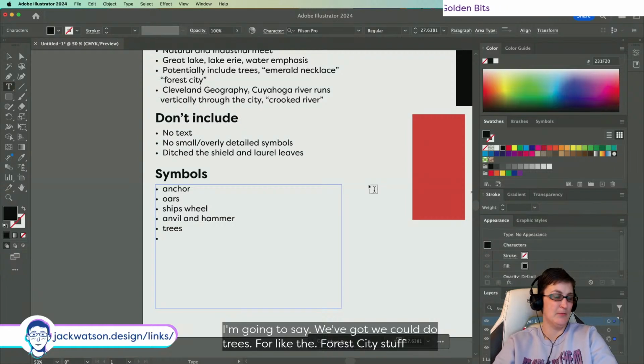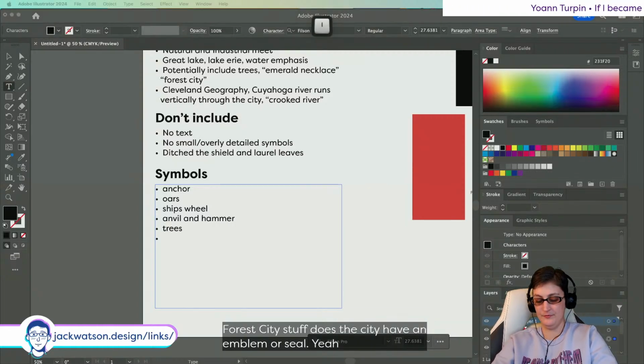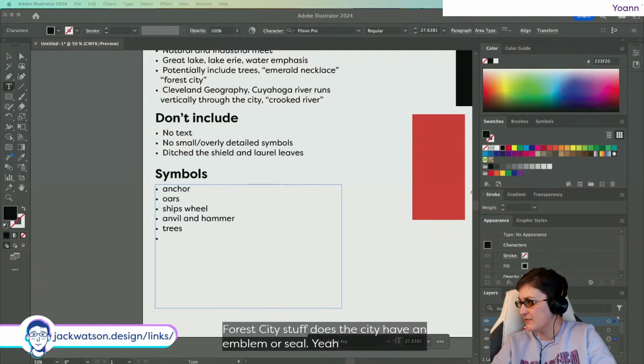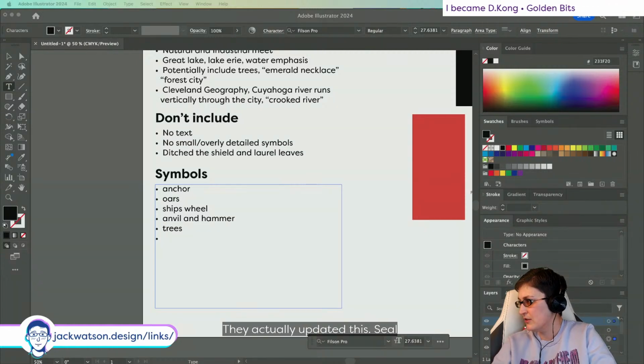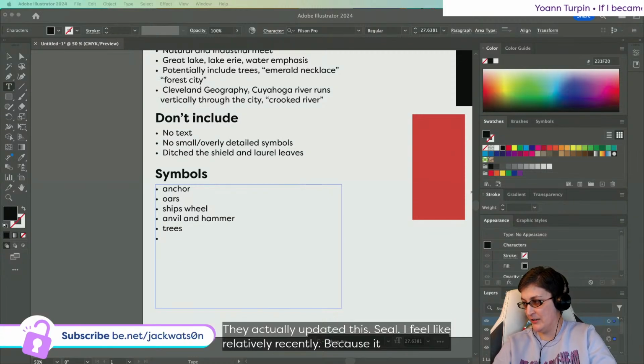Does the city have an emblem or seal? Yeah. They actually updated this seal relatively recently, I feel like, because it used to be real bad.